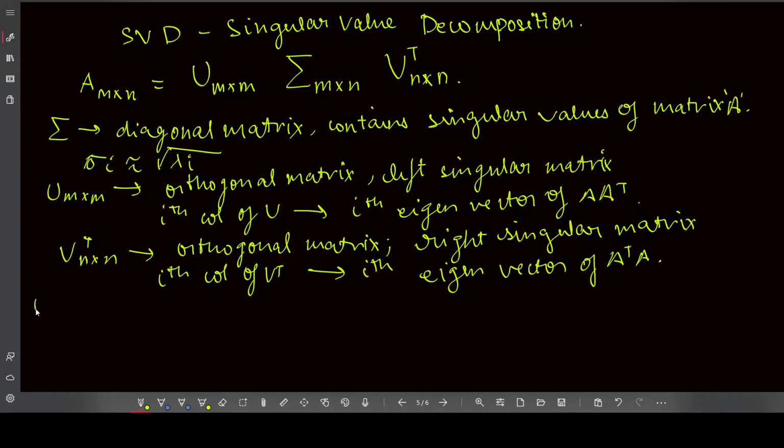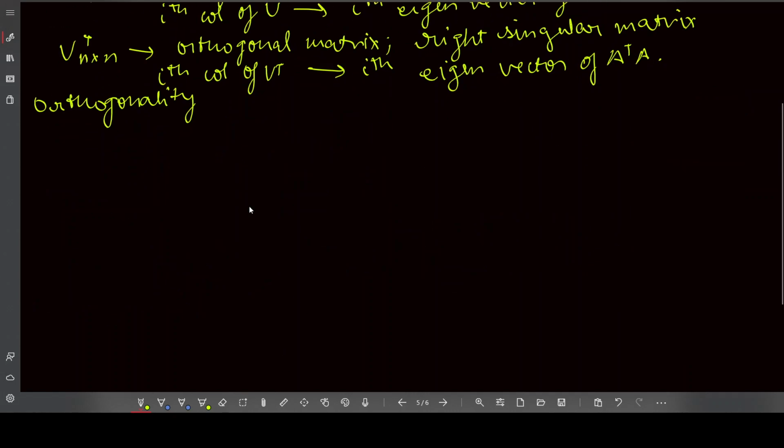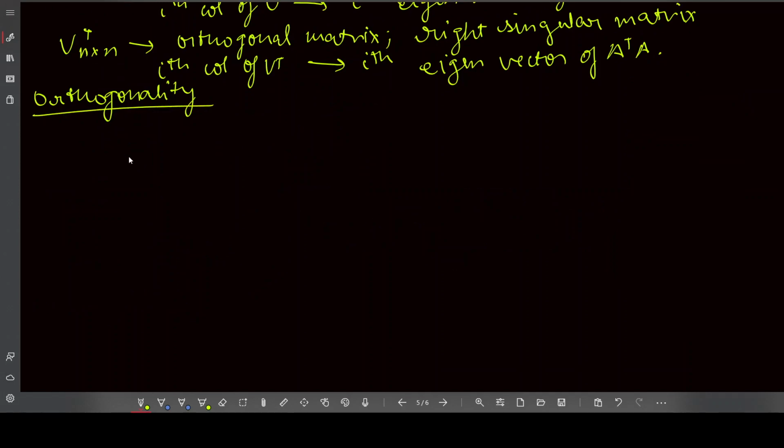So next, let's understand what orthogonality is. Orthogonality basically means that if I have two vectors, let's say 2, 1, minus 2, 4, and I take the dot product with another vector 3, minus 6, 4, 2, where these are all dimensions, this is the first dimension, this is the second one, this is the third one, this is the fourth one.